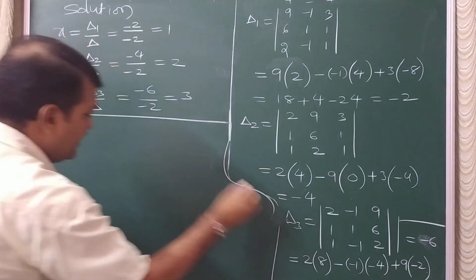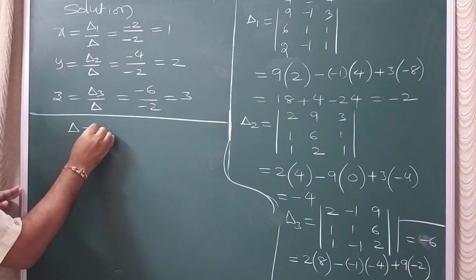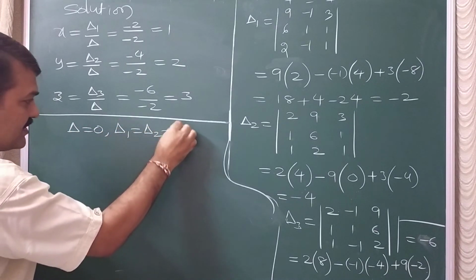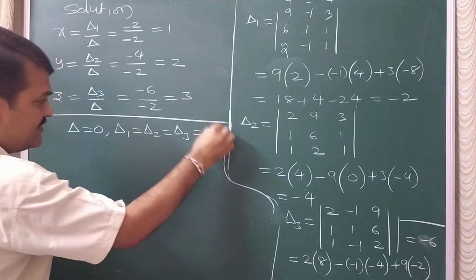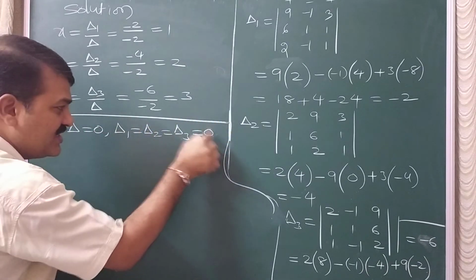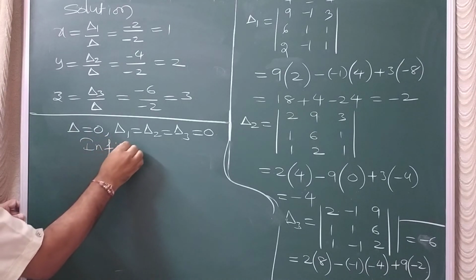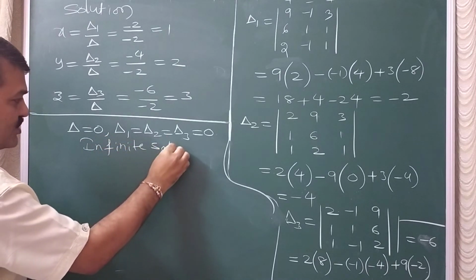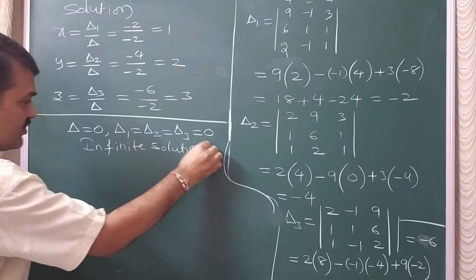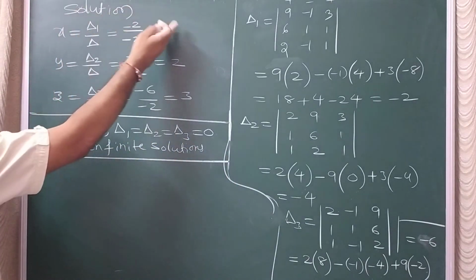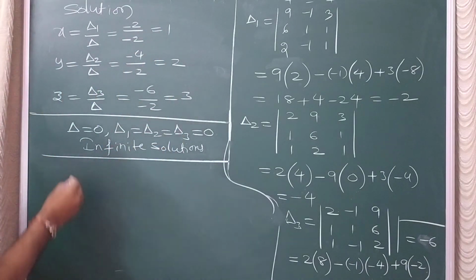That is, if delta is equal to 0 and delta 1, delta 2, delta 3 all are zeros like this, so all 4 you are getting 0, it means the given set of equations will have infinite solutions. If delta is not equal to 0, anyhow you will get a unique solution only.